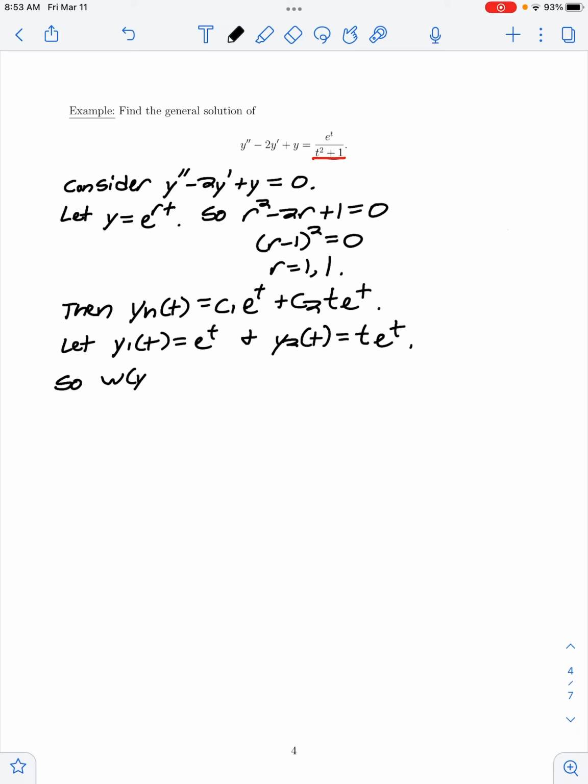So the Wronskian of y1 and y2 would be the determinant of the 2 by 2 matrix, where my first row would be y1 and y2, and my second row would be the derivatives, e to the t and e to the t plus t times e to the t. So taking my determinant, I get e to the 2t.